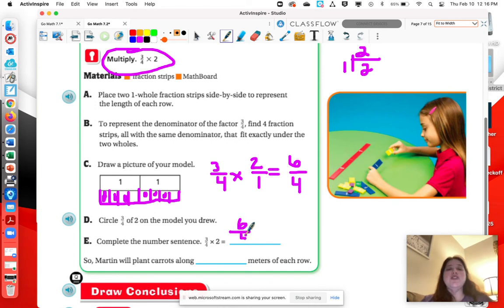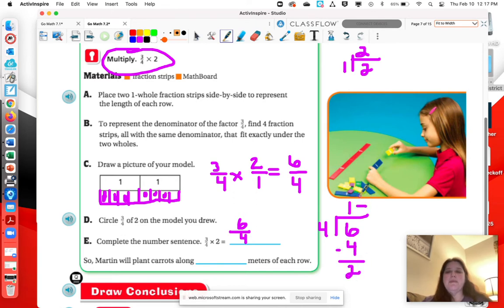Now, we can use improper fractions when we're working, but we can't leave them as improper fractions when we are actually giving an answer. So we do need to fix that by dividing. So we're going to put the 4 on the outside and the 6 on the inside. And 4 goes into 6 one time. And we subtract and we get a remainder of 2.